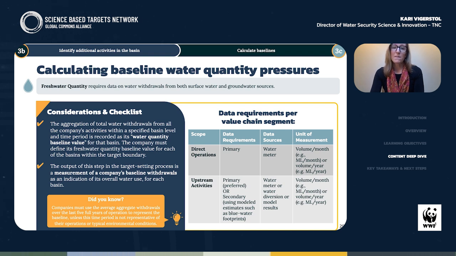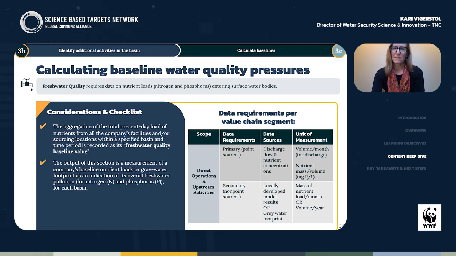For upstream, the baseline can be calculated either from primary or secondary data, such as modeled estimates, using blue water footprints. Companies must use the average aggregate withdrawals over the last 5 full years of operation to represent the baseline, unless this time period is not representative of their operations or typical environmental conditions.